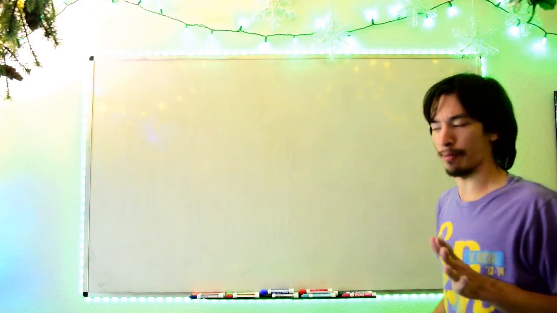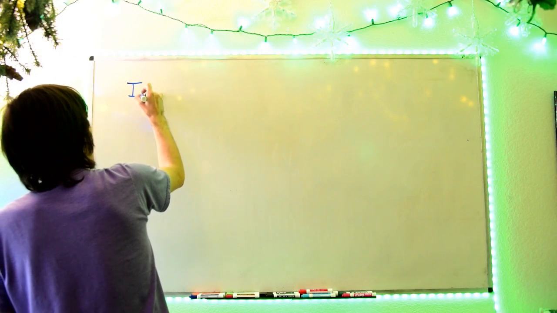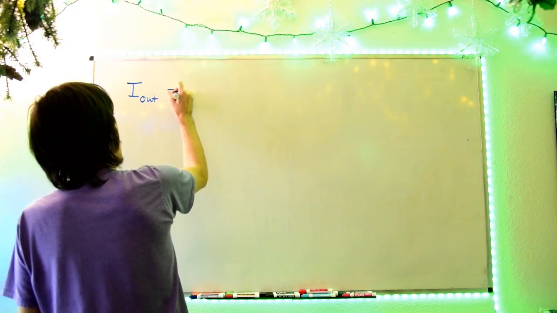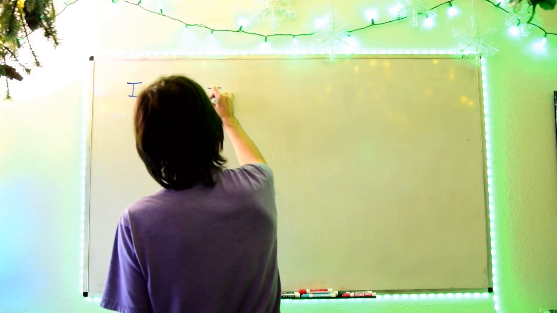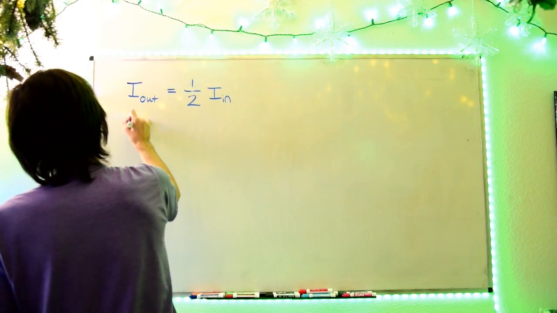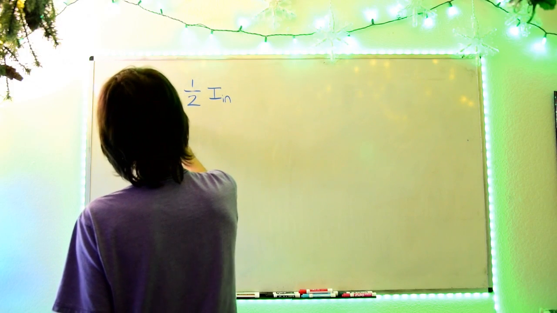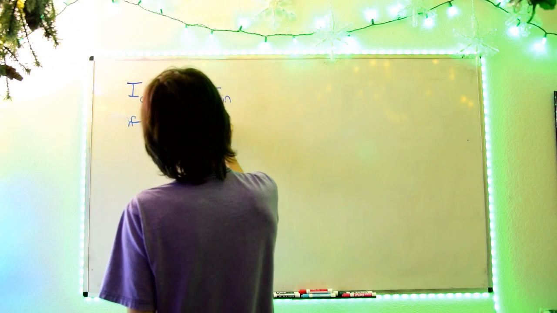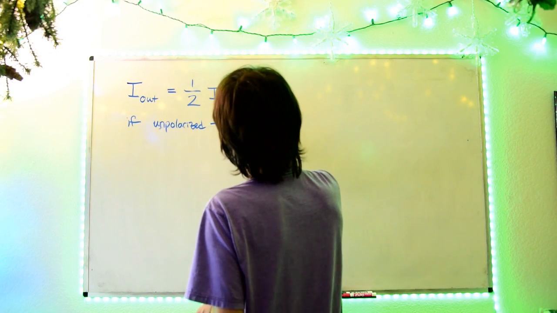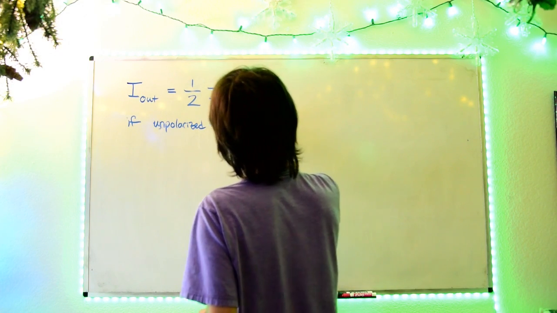It just cuts in half. That's it. So we say that the intensity out equals 1/2 of the intensity in if you're going from unpolarized to polarized. Okay.